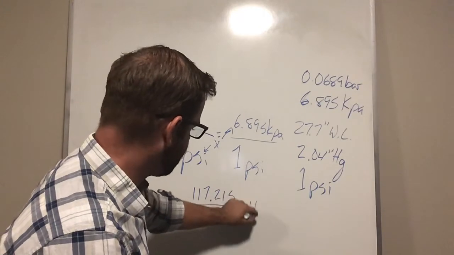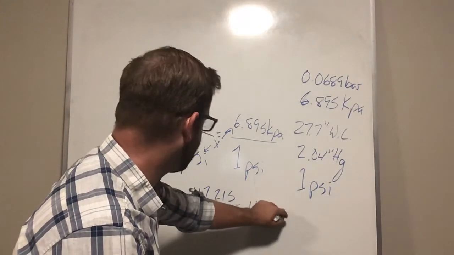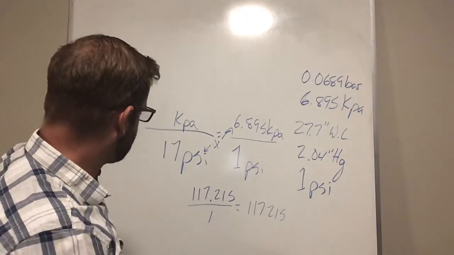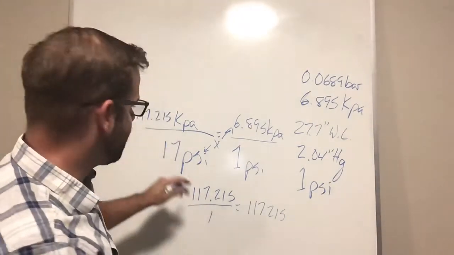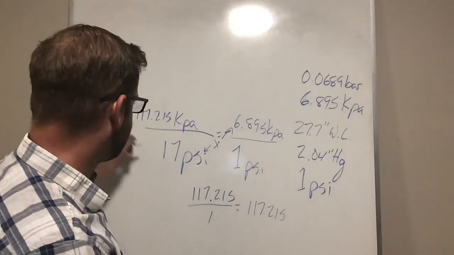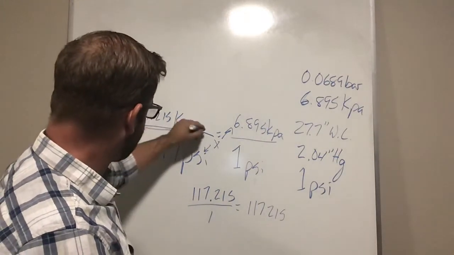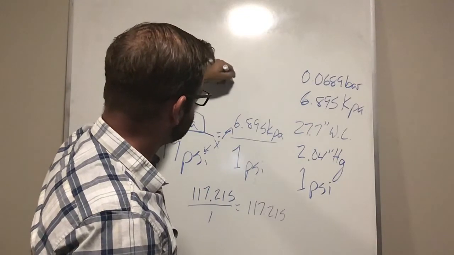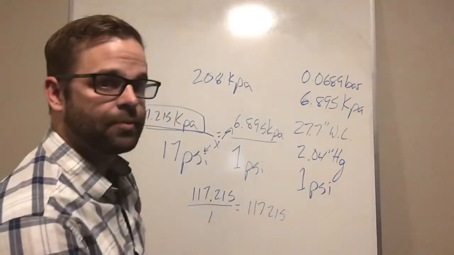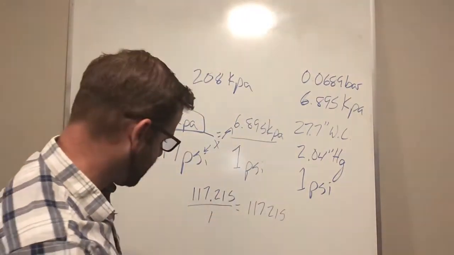So we end up finding we have 117.215 kPa of what is actually in the tire. So that's in the tire, and that was what was needed.